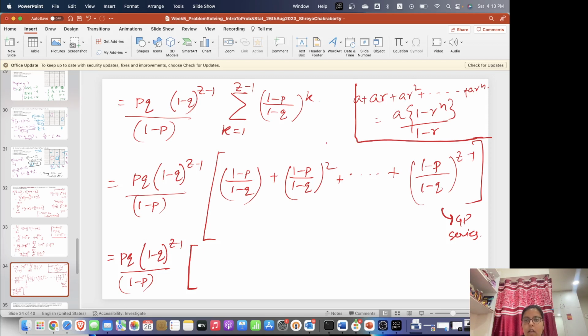No, one second. A into r raised to 0. A is 1 minus p by 1 minus q. This is A. This is AR. Let me write it in this manner.